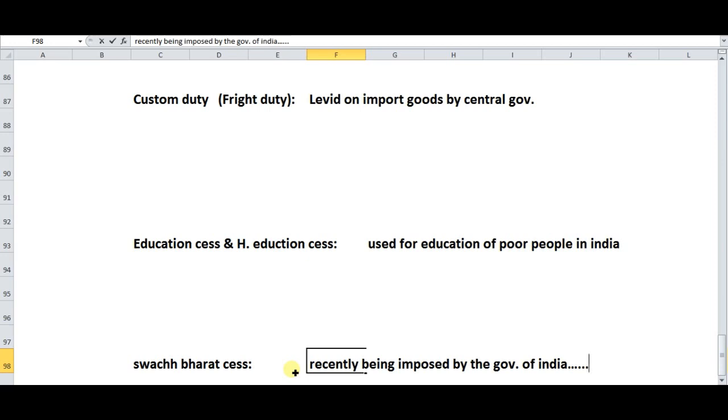I believe the government is collecting 0.5% under Swachh Bharat cess.